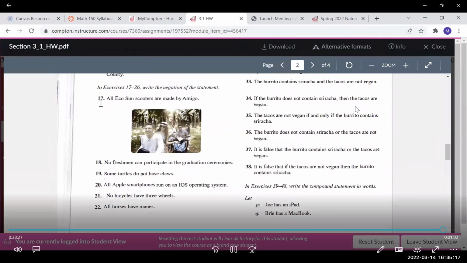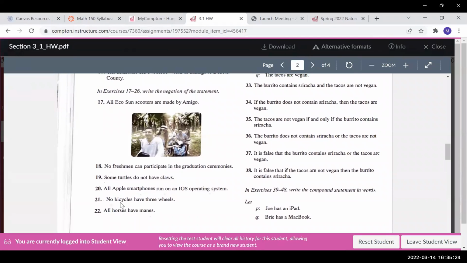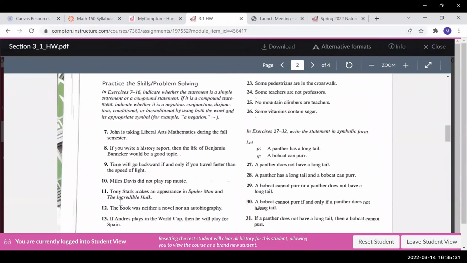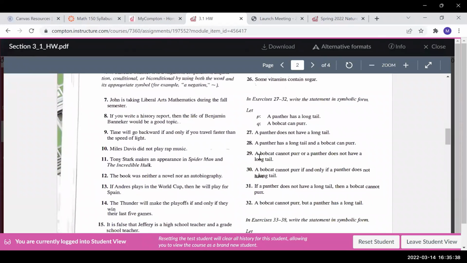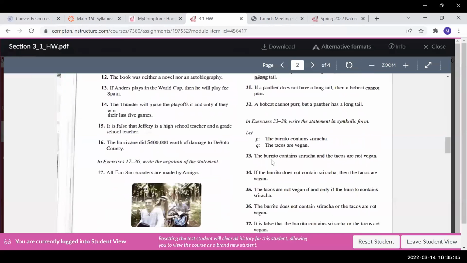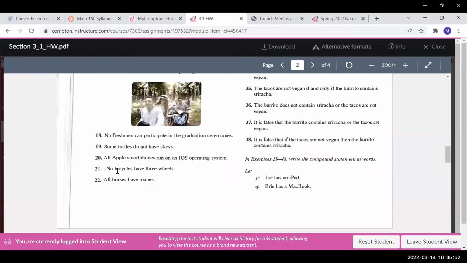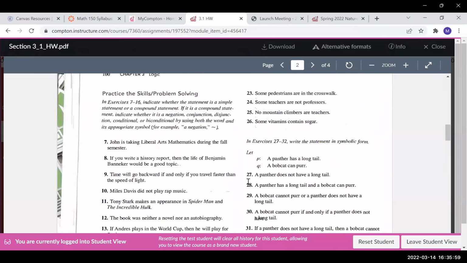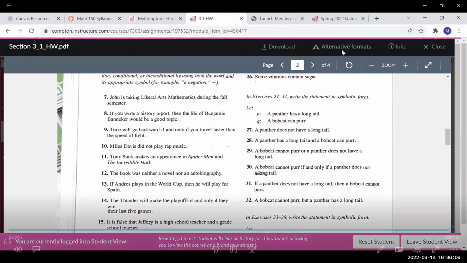So do 17, skip 19, skip 21 because we already did it, skip 23, do 25, skip 27, do 29, and then maybe 33. So maybe work in your groups for like 10 minutes and then we'll come back and check our answers.